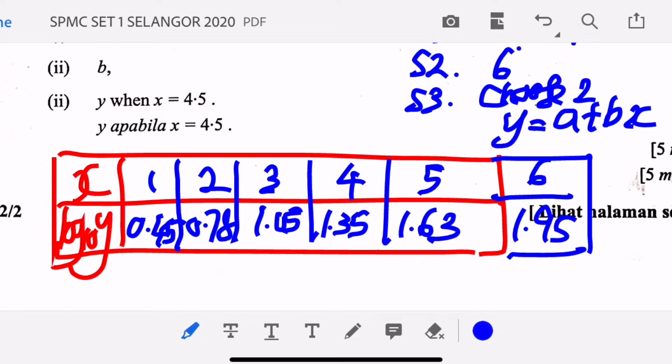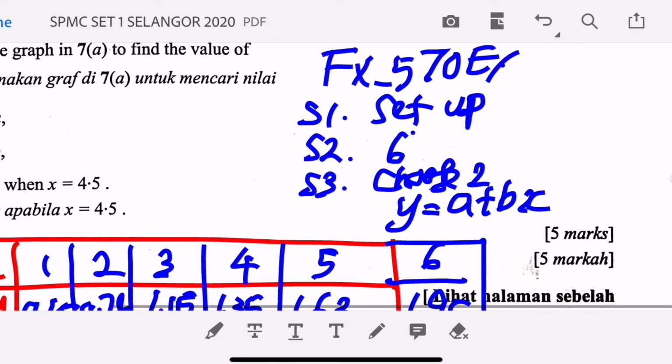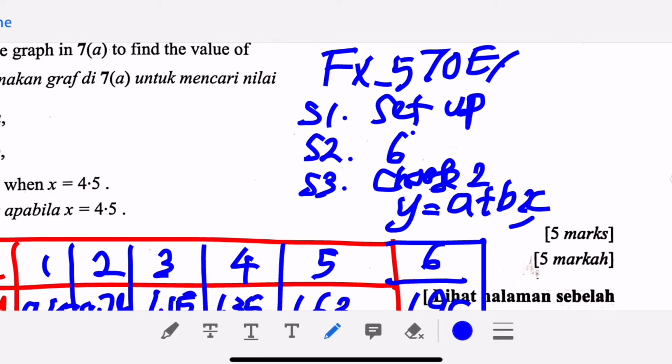Normally we advise students to double confirm before you actually draw the graph. It's okay if you don't want to use a calculator, but my advice is always to fully utilize your calculator. You key in the data into the table. After you press this, you have a table for you to key in x and y.